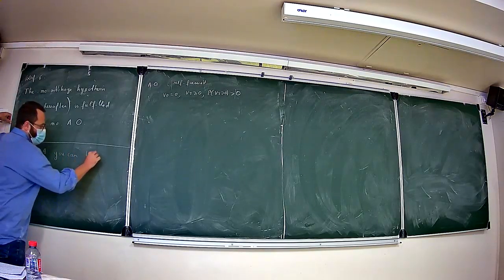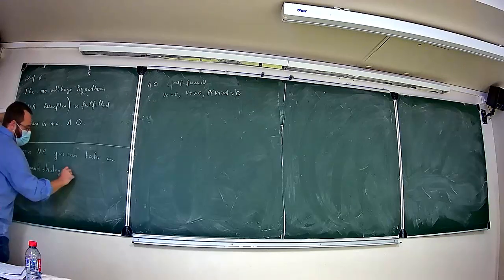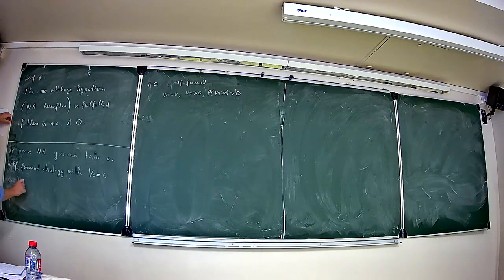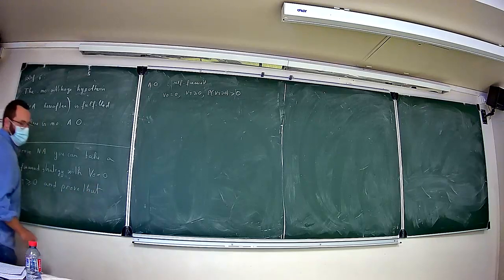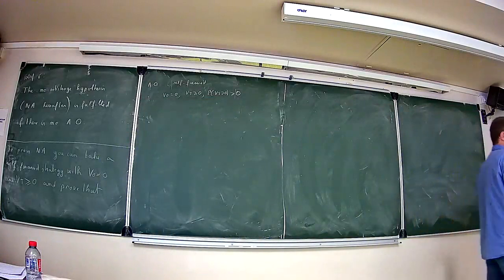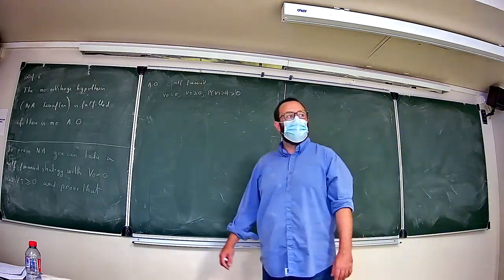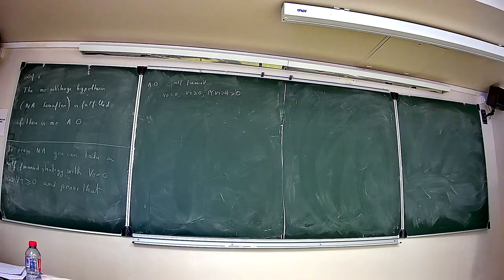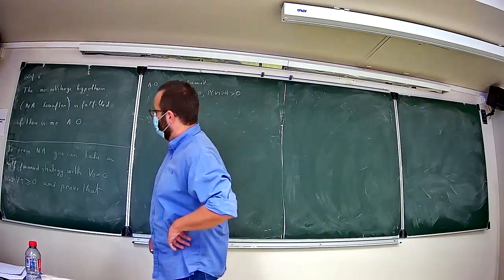you can take a self-financed strategy with V0 equal to 0 and Vt positive, and prove that the probability that it's strictly positive is 0.